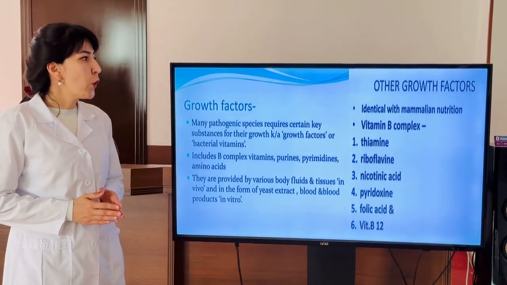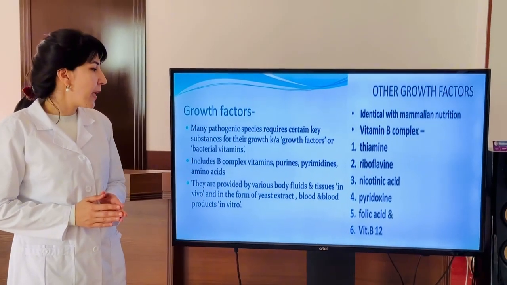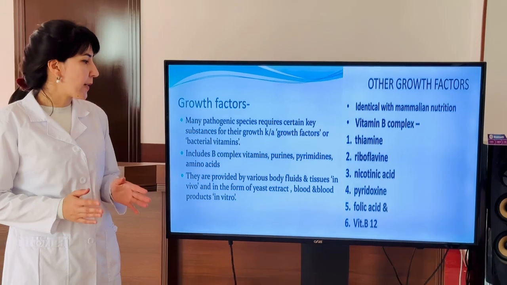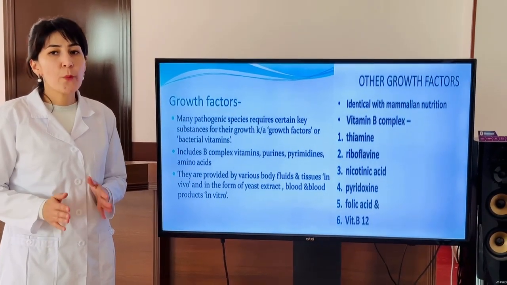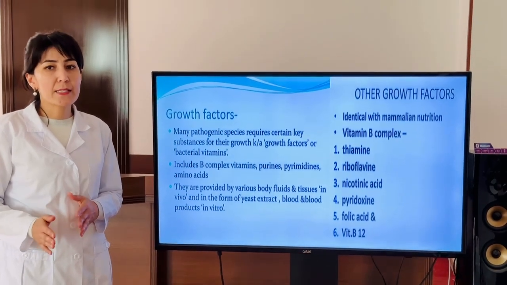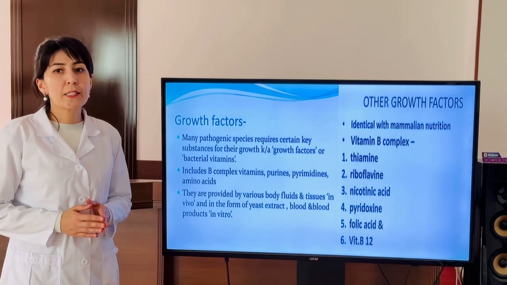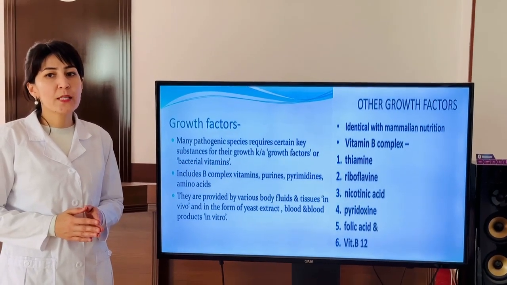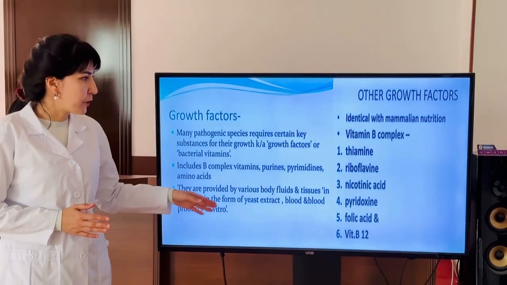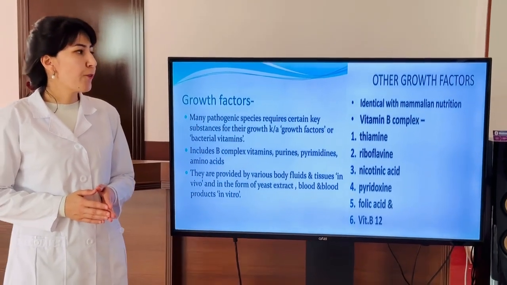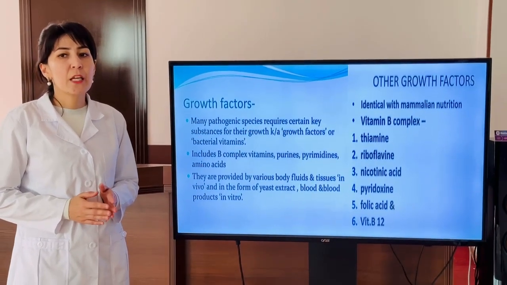Growth factors. Many pathogenic species require certain key substances for growth. Growth factors, or bacterial vitamins, include B-complex vitamins, purines, pyrimidines, and amino acids. They are provided in vivo by various body fluids and tissues, and in vitro in the form of yeast extract, blood and blood products, and other growth factors such as vitamin B complex, thiamine, riboflavin, and folic acid.